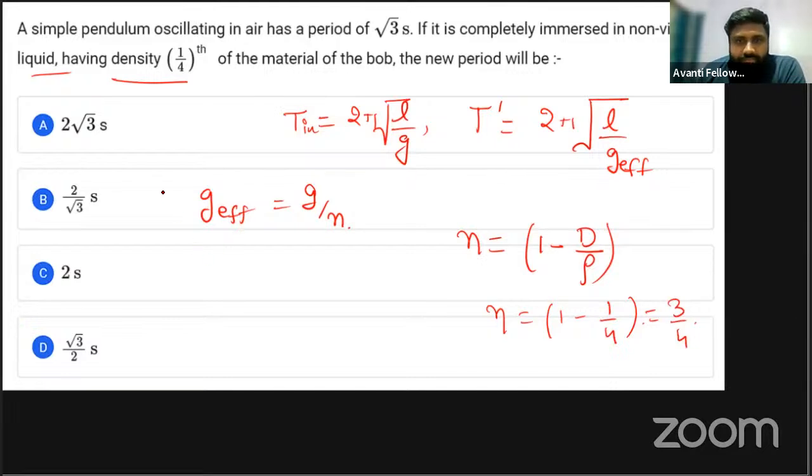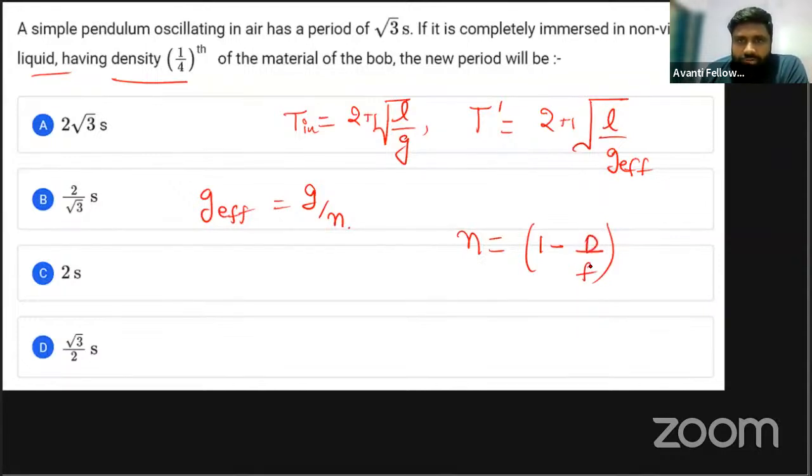So g will become g upon n, which is 3 by 4. Just a second, I have made a mistake there. It is, I think, rho by d.